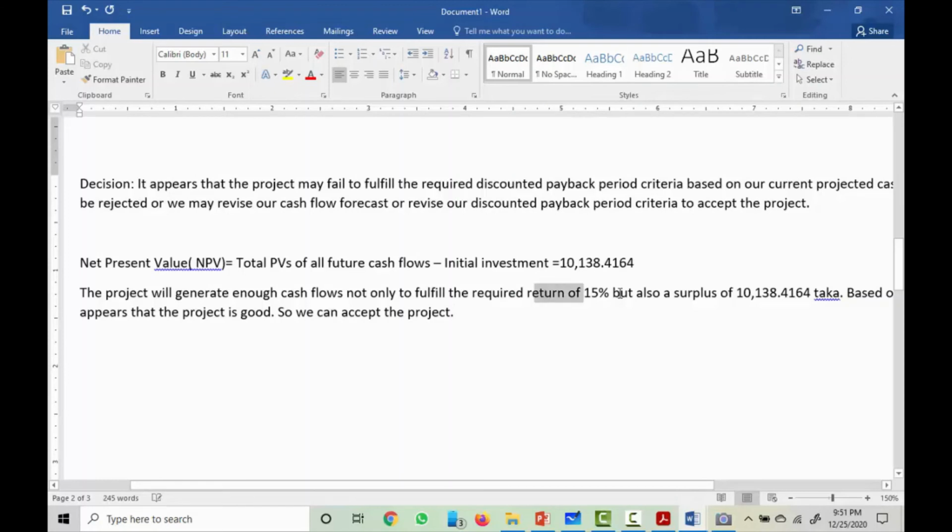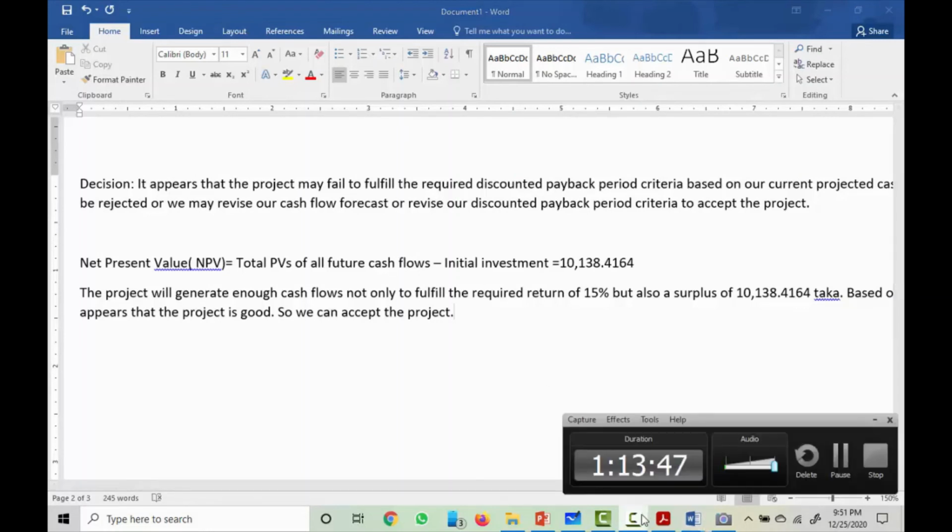We needed 15% return from the project, and the project is giving us 15% return. Not only 15% return, but also a surplus of 10,138 taka. So because our requirement is fulfilled, we can accept the project. So this is the interpretation. In the exam, you need to write the interpretation very nicely, but in your own language.